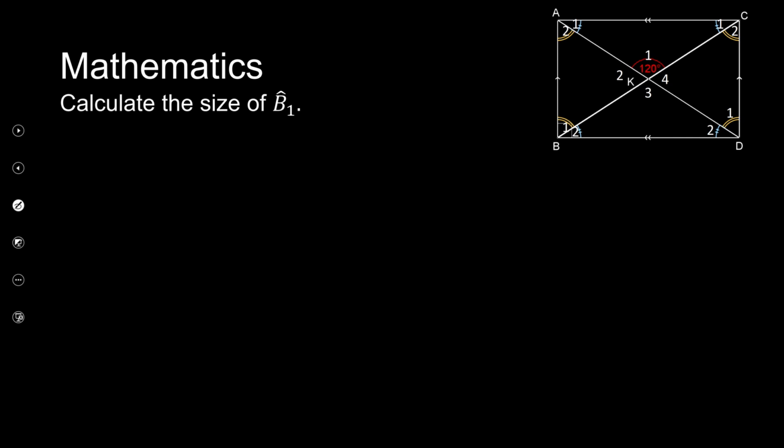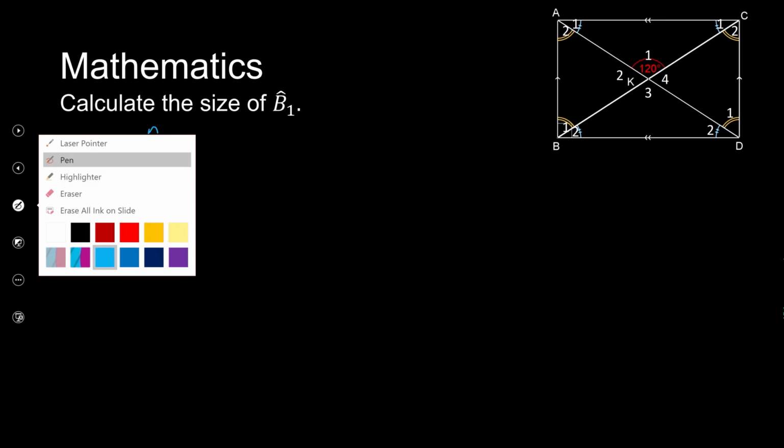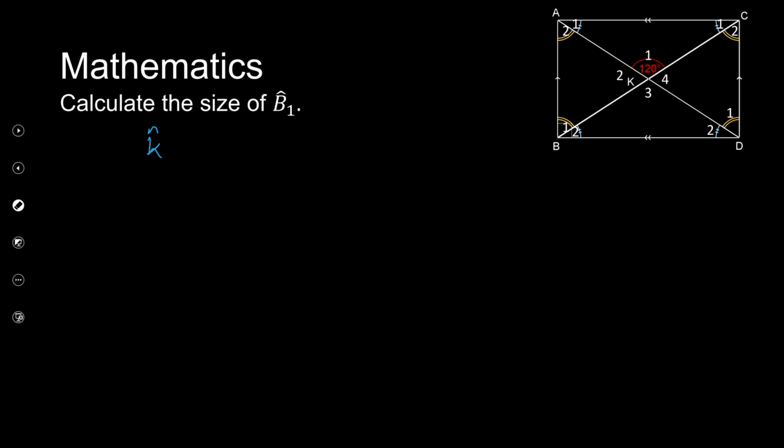I can look at K2, or I can just go straight to finding what B1 is. Why? Because I will say K1, not K2, because we're starting with the method of finding K1. So K1 is equal to A2 plus B1. And what do we know about this?